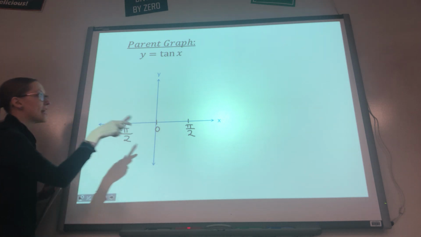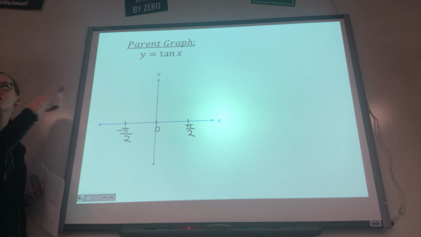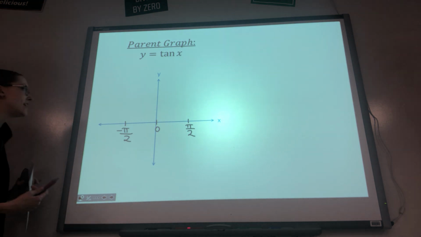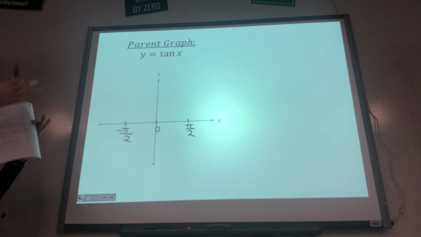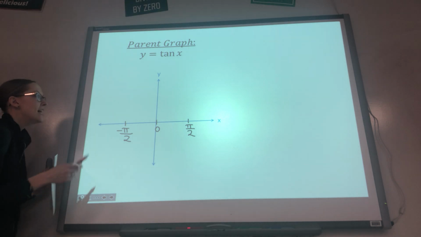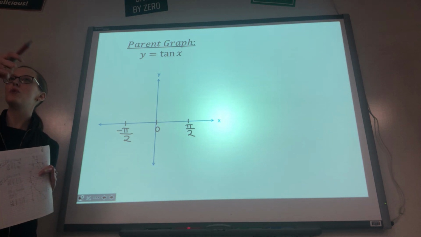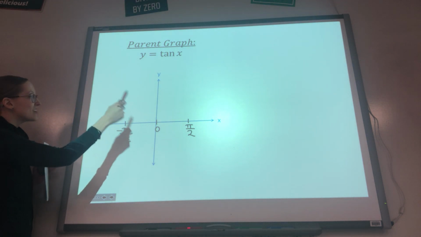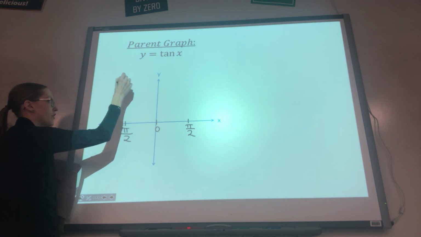Now, it turns out with tangent and with cotangent, there are vertical asymptotes involved. We didn't have that with sine and cosine. Sine and cosine were continuous curves, but tangent and cotangent are a little bit different.